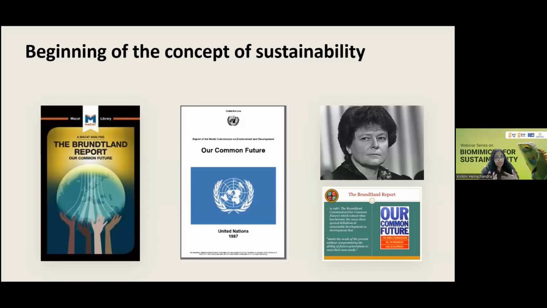I think Professor Kotagama nicely explained yesterday the introduction of the Brundtland report around 1987, which was a key and great milestone where people started to think about how to protect our mother nature and mother earth, as well as how to survive within this evolving and ever-expanding population.